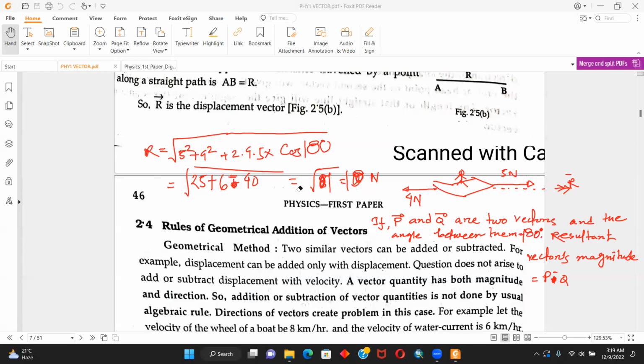And another special scenario, that is what will happen if these two vectors act in the perpendicular direction? What is your idea about this? So this 4 Newton is acting exactly perpendicular to this 5 Newton. What will happen in this case?